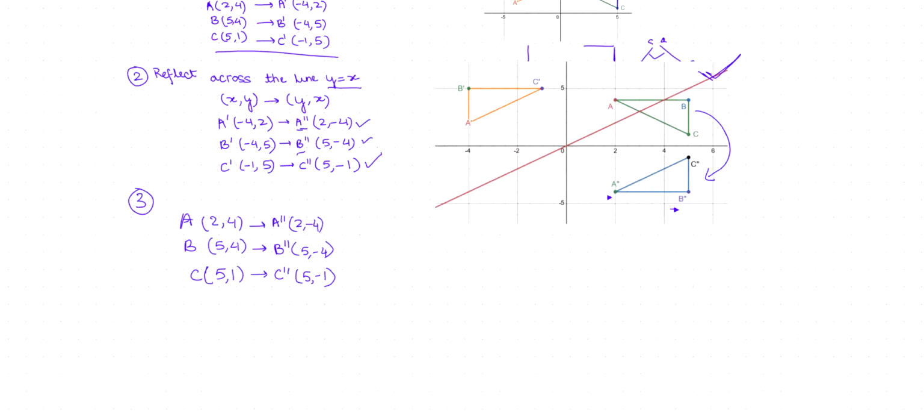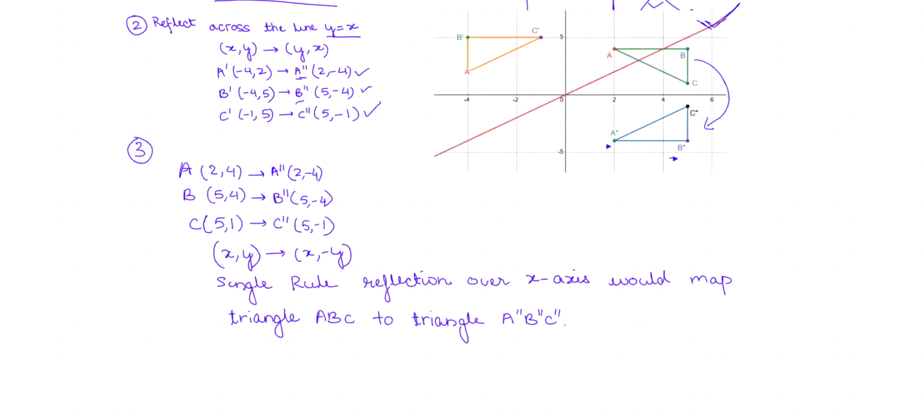So that's a single rule. We see that only the y coordinates are negated between A and A''. So the single rule would be just reflection over the x-axis. So we can say that a single rule, reflection over the x-axis, would map triangle ABC to triangle A''B''C''.